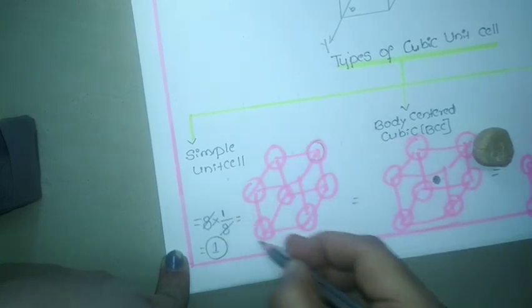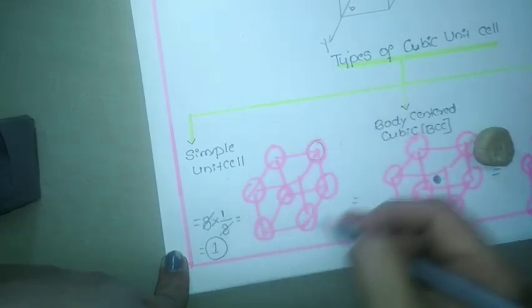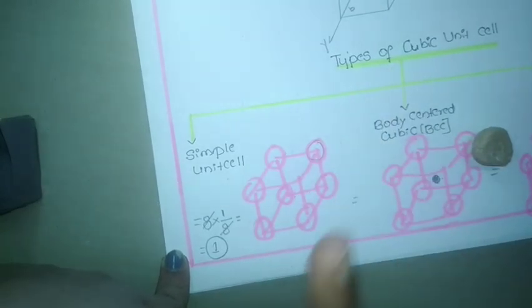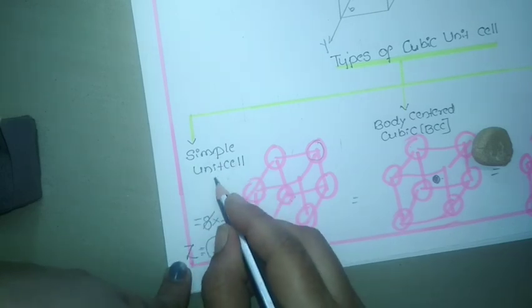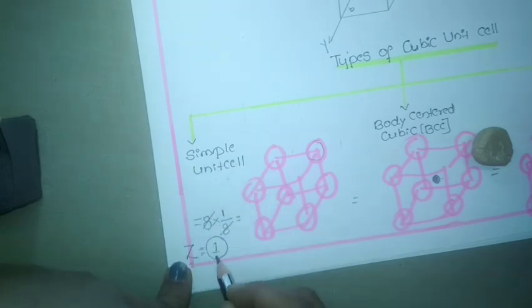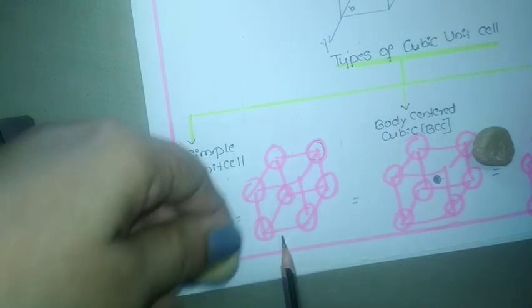So how many atoms are there in case of a simple unit cell? It is only 1. So the Z value, the rank of the simple unit cell, or the number of atoms of the unit cell, is nothing but only 1. How 1? This is very important. So as I told, this to 4 unit cells.